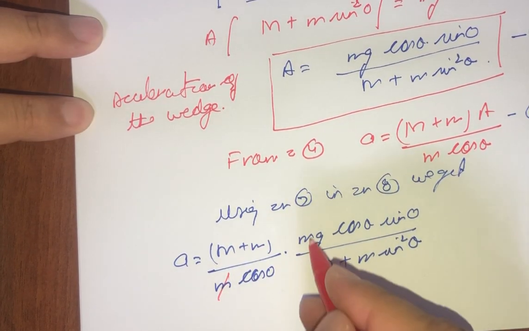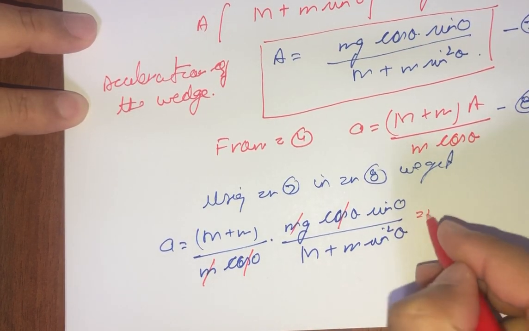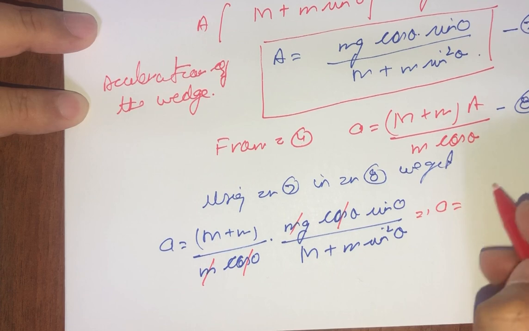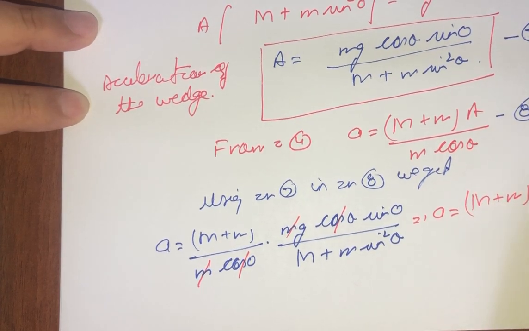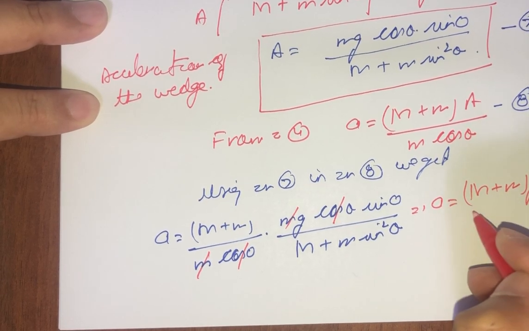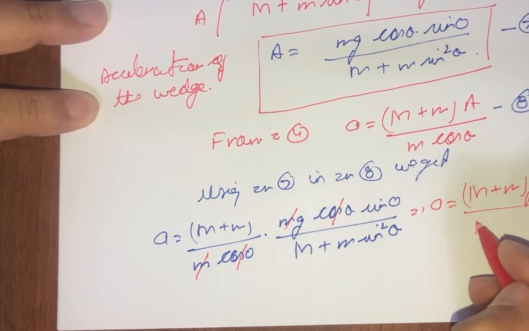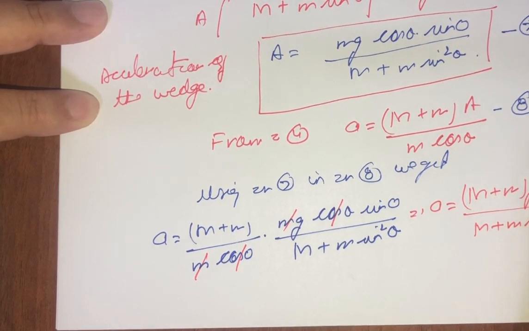Now m and cos theta cancel out, so we get a is equal to capital M plus small m g sin of theta divided by capital M plus small m sin square theta.